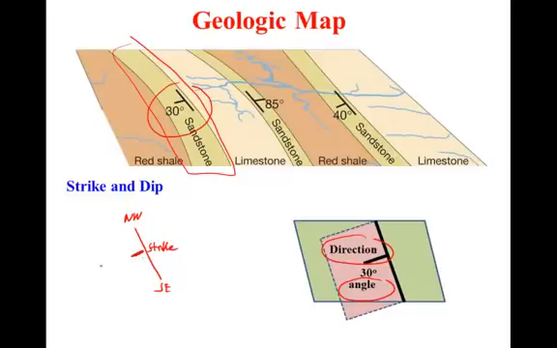It dips to the west or southwest. That's the direction of dip, and the magnitude is 30 degrees. In other words, the sandstone in this area makes a 30-degree angle. Dip is measured down from the horizontal. It makes a 30-degree angle with Earth's surface, and it's dipping towards the west-southwest.